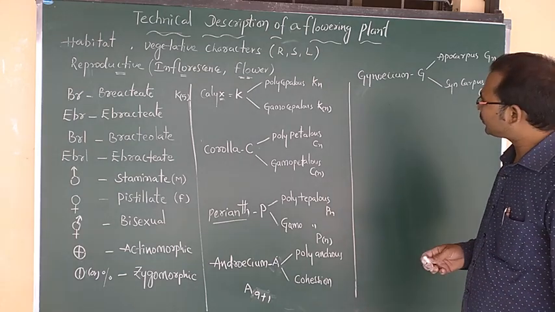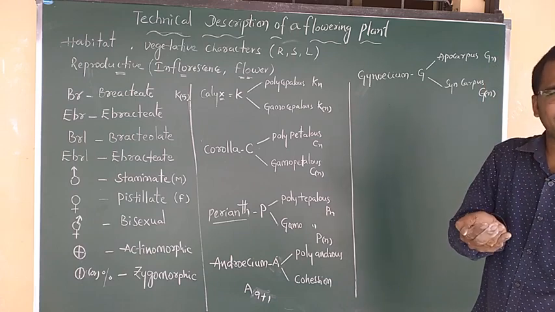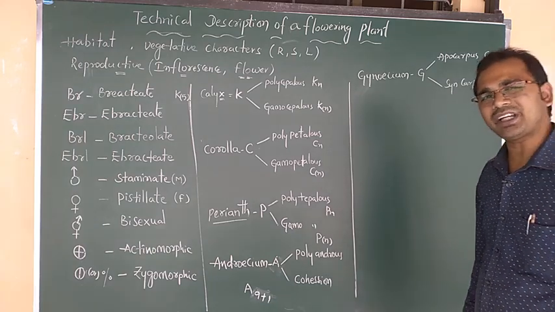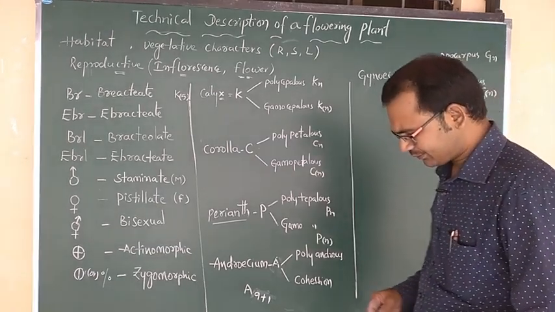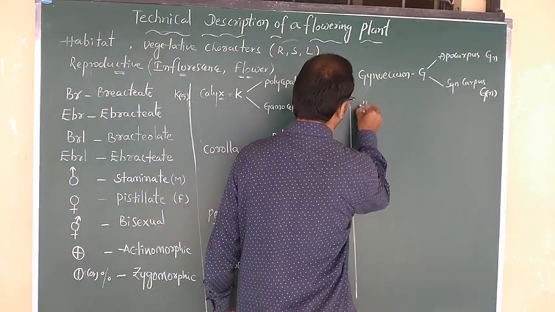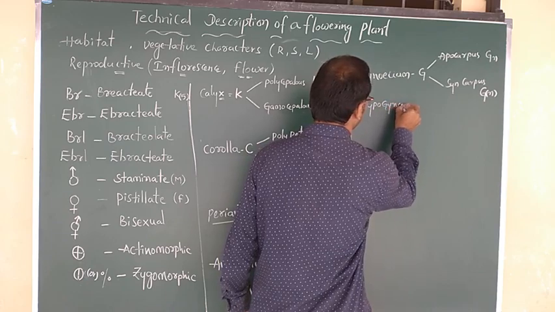But here is a very important one. What kind of flower is it? Hypogynous flower, perigynous flower, epigynous flower. What type of flower is it, and how can you indicate it? That is, if you take that flower as hypogynous. There are three types of flower now.